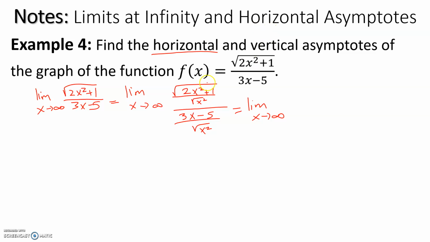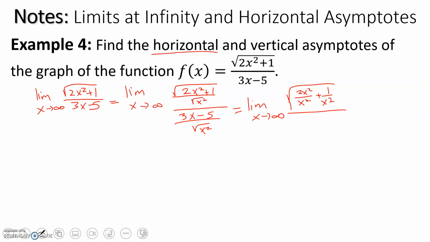Now here's where it's going to get interesting. We are essentially going to distribute this division to both terms in the numerator and both terms in the denominator. In the numerator, this will be rewritten as the square root of 2x squared over x squared plus 1 over x squared, and that square root moves onto the entire thing.